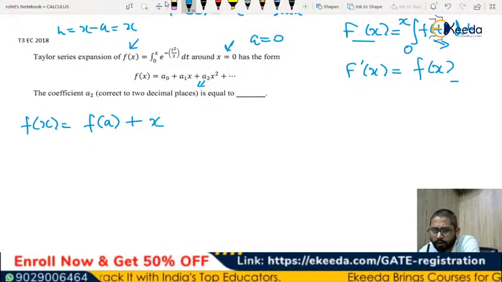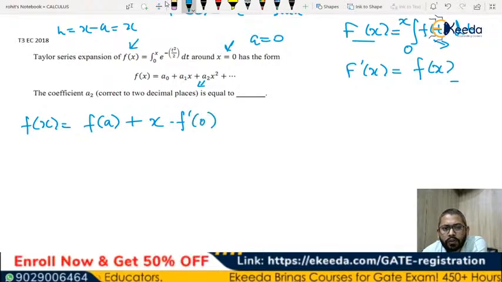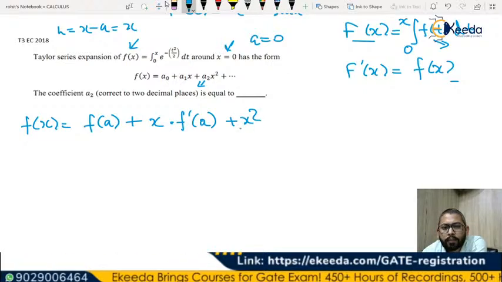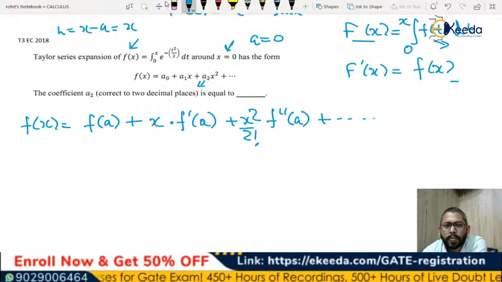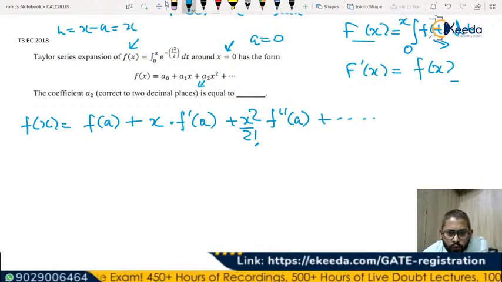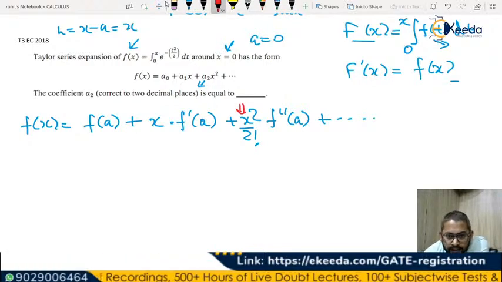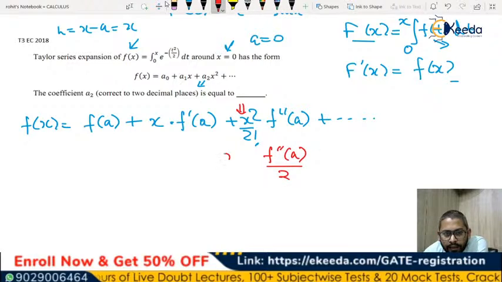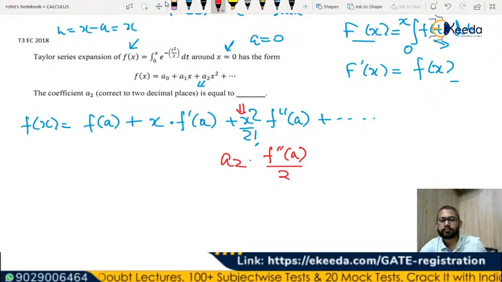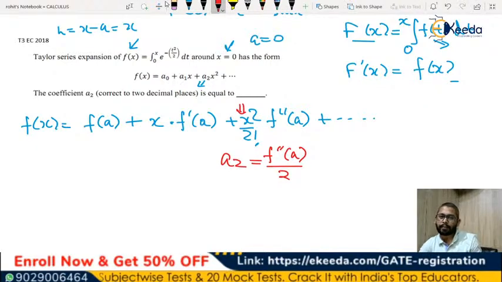So if you check the formula, you will get x into F dash of a, plus x square by 2 factorial F double dash of a and higher terms. So we need this a2, which is coming with x square. So this F double dash of a by 2 is nothing but a2. a2 is the coefficient of x square, and what is it? F double dash a by 2 factorial.